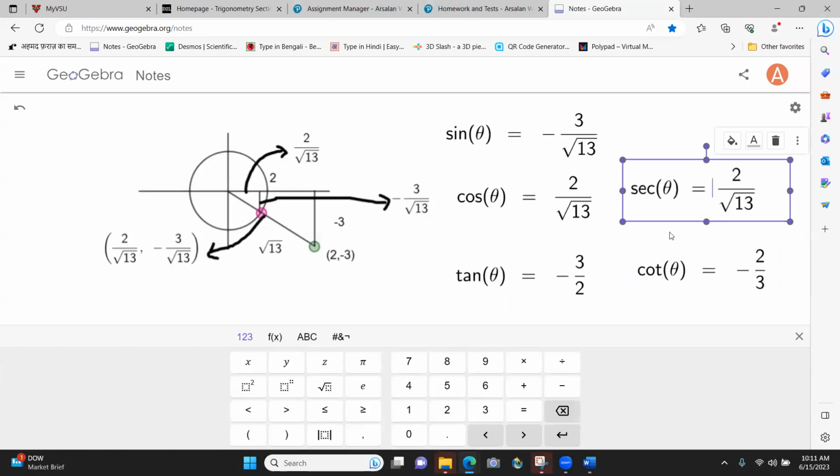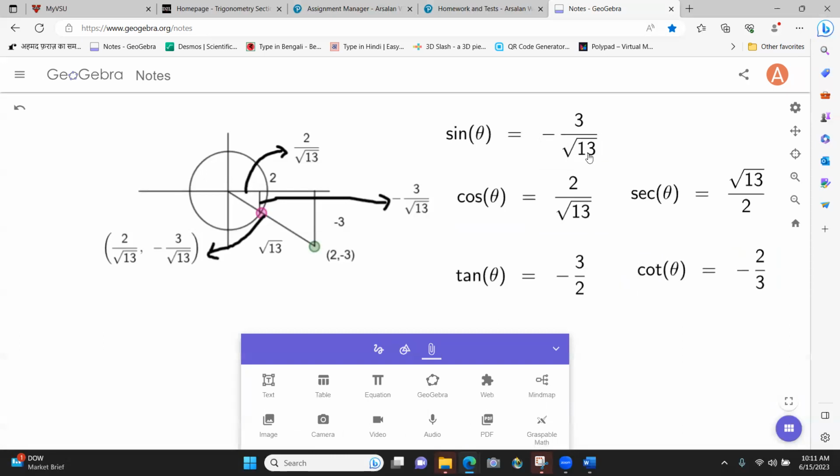That's going to be, and the reciprocal of sine is cosecant.